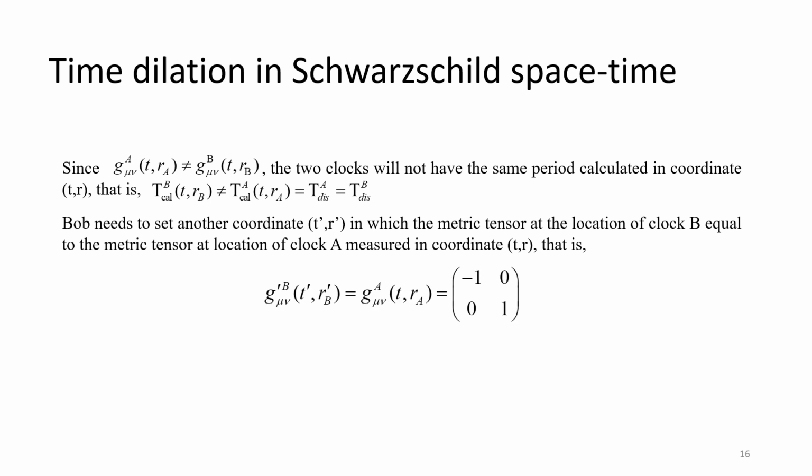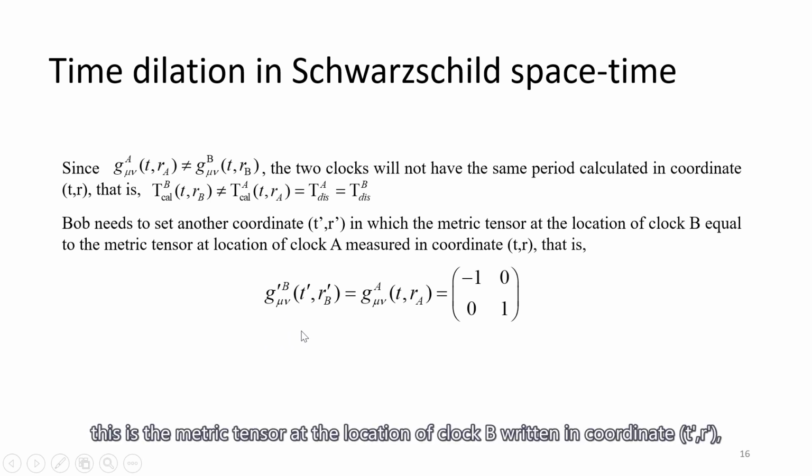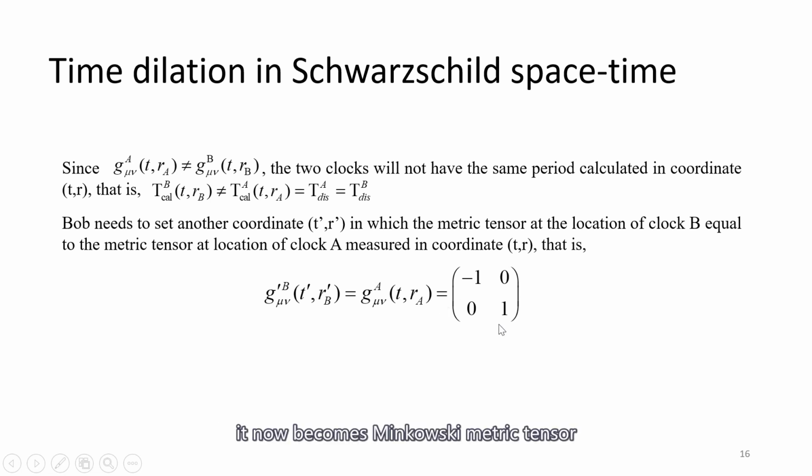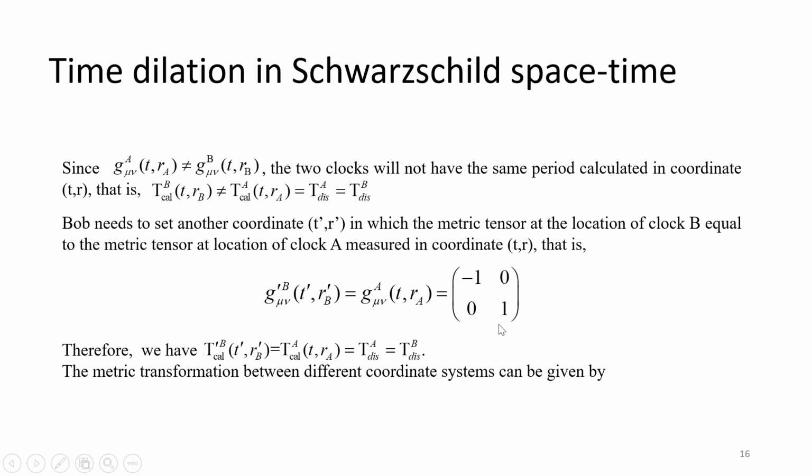That is, this is the metric at the location of clock B, written in coordinate t', r', and now becomes Minkowski. Therefore, these two will be equal.